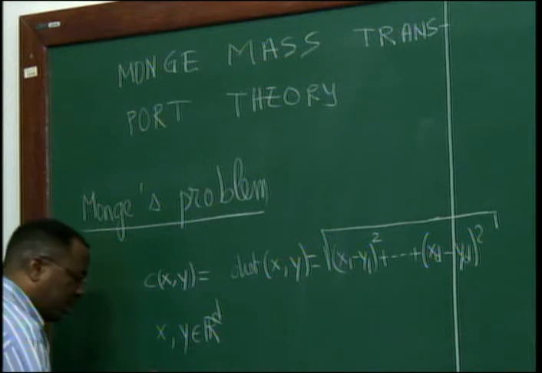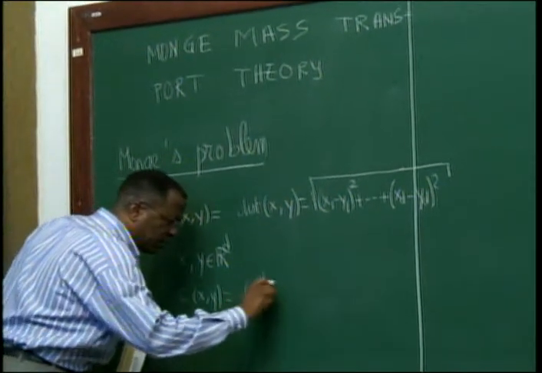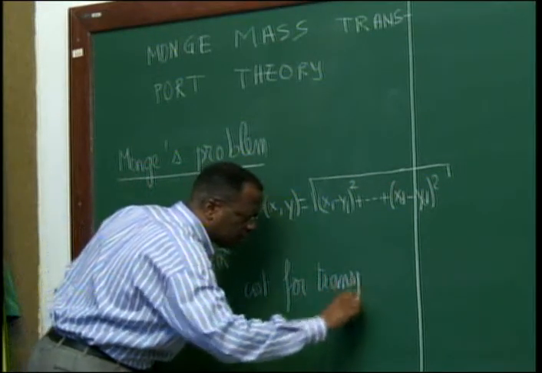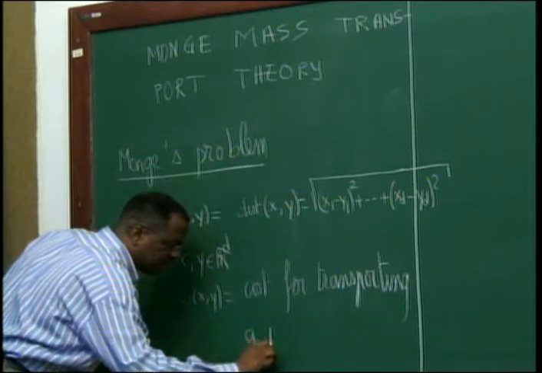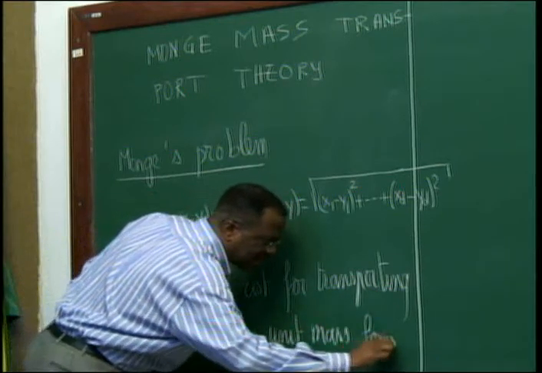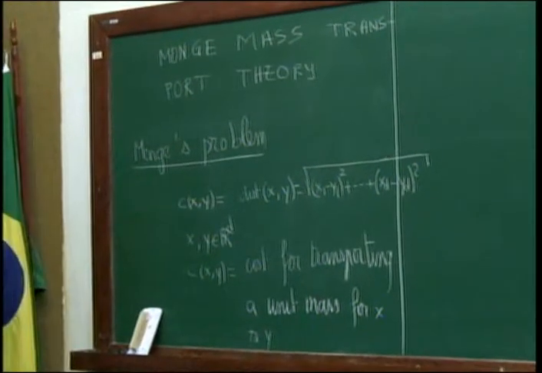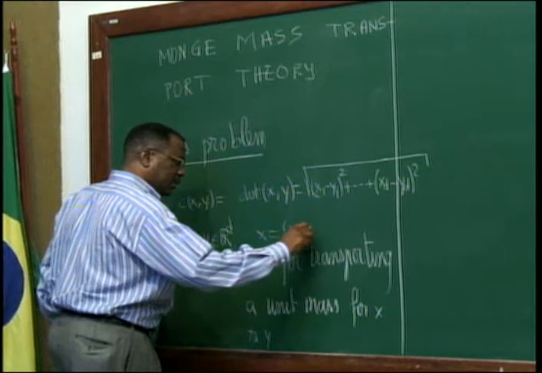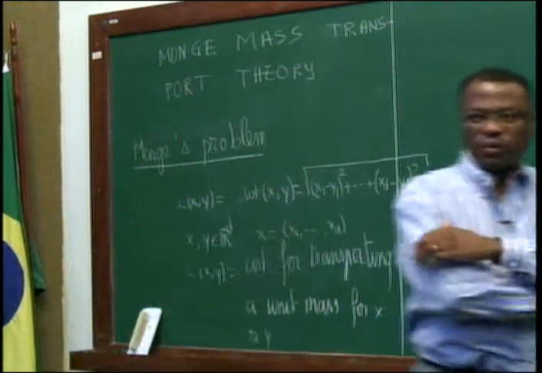And c(x,y) represents the cost for transporting a unit mass from x to y. Okay, and x is (x1, ..., xd). Likewise, y is (y1, ..., yd).